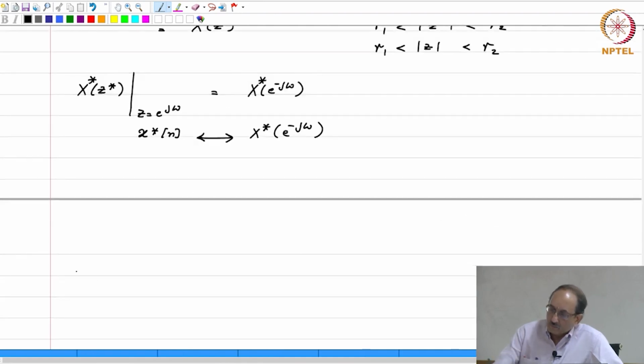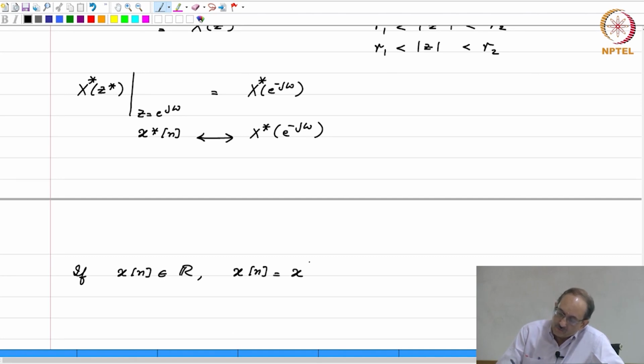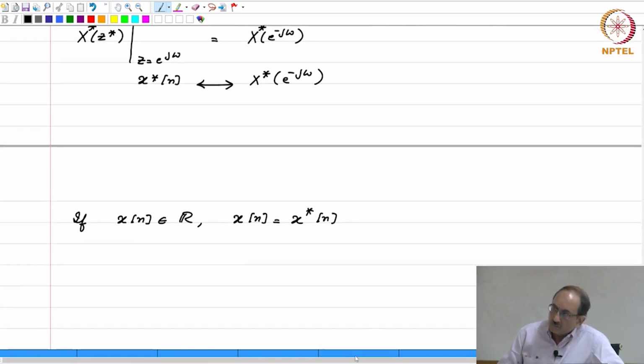And one consequence of this is, if x of n were real valued, then x of n equals x star of n. Therefore, this implies that x of z must be the same as x star of z star.